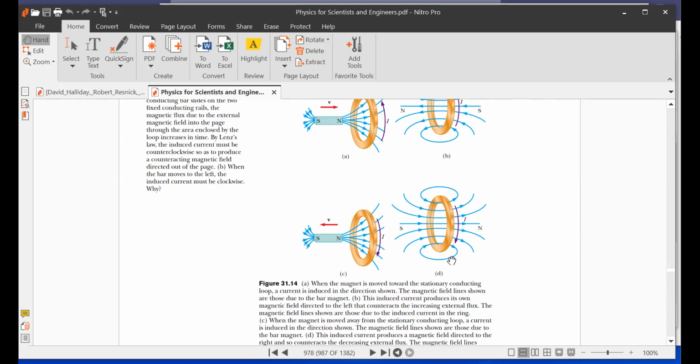This induced electric current will produce an induced magnetic field that tries to attract this magnetic rod, because the magnetic flux is decreasing in this case.